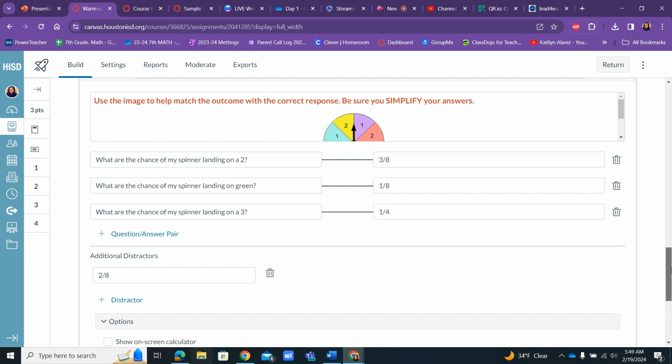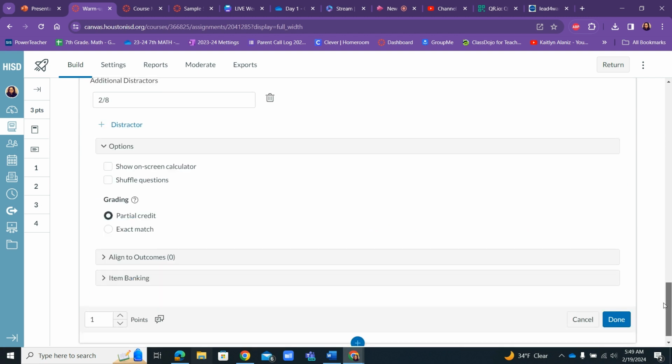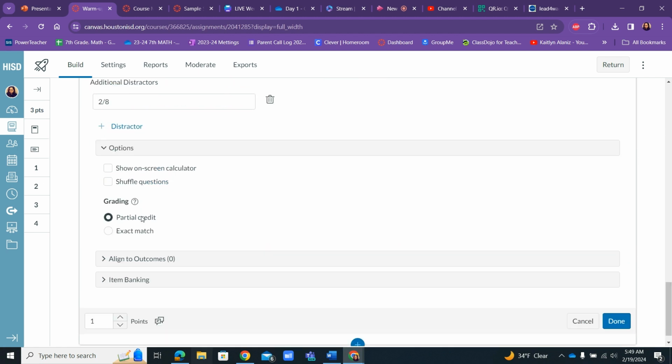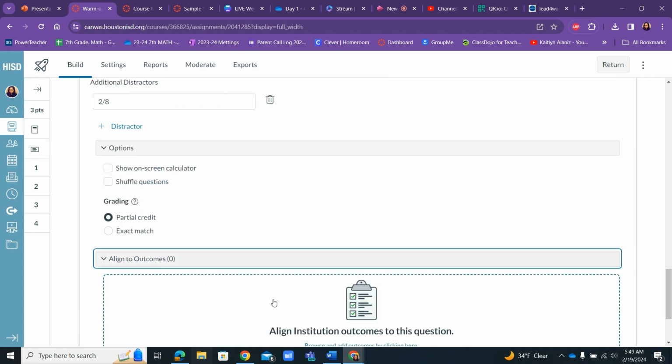This is where I would say, hey, I'm going to give you guys partial credit. So no matter what, they're able to get credit for these 2 being correct, but not credit for this one being correct. Okay. So this is just my way of being evil to them or nice to them, right? So I'm going to keep it as partial credit.